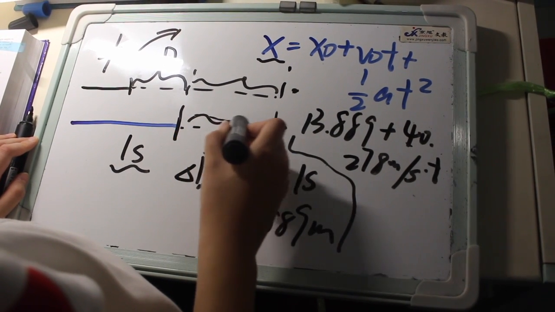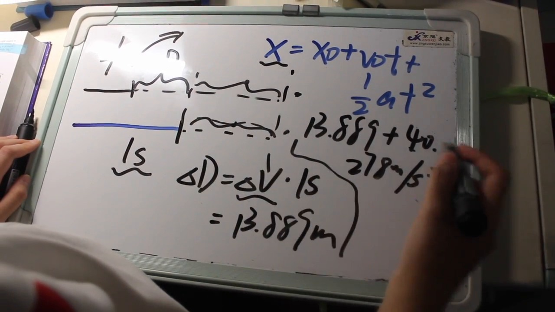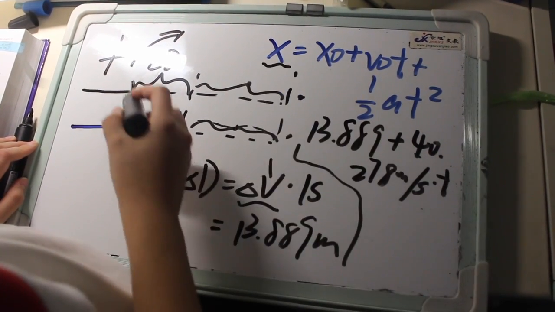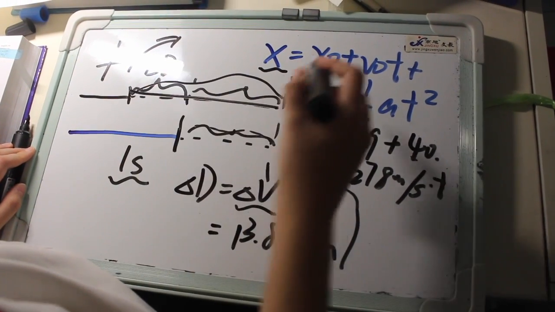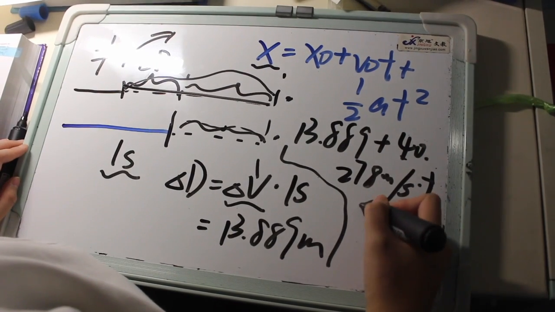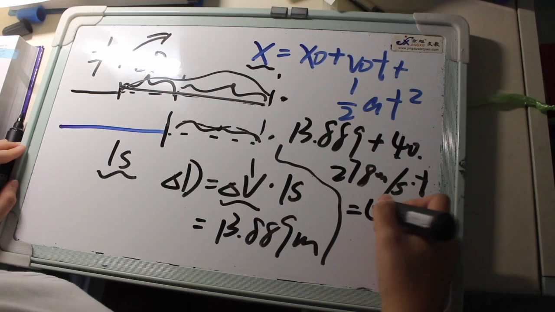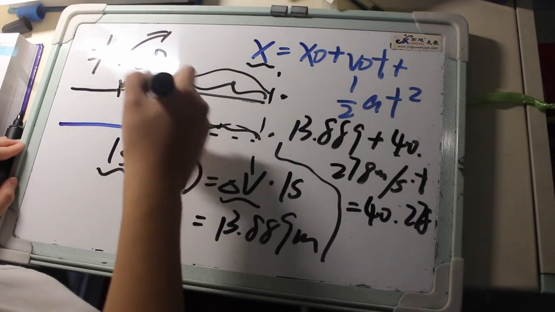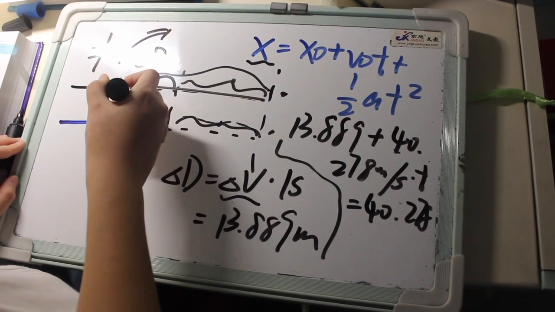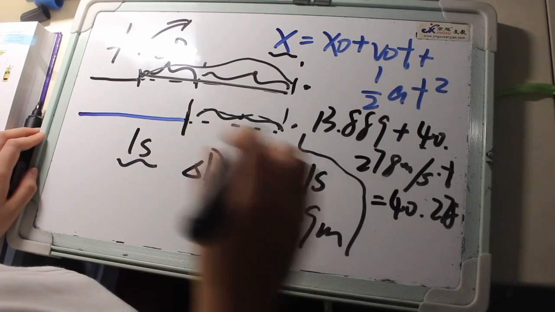This is with its constant speed, the distance that it moves. So the x is from there to there. The x0 is 0. The v0 is also 40.278 because at this instant the police car has the same speed as the speeder.